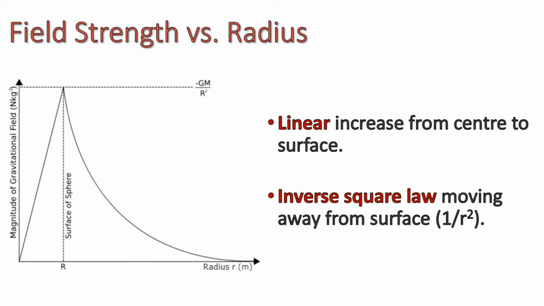Between the centre of the Earth and its radius, we get a straight line relationship. It increases linearly inside the Earth. At the radius, the gravitational field strength is a maximum because we are really close to all of that mass, and for Earth its maximum is 9.81. You can work it out for any other planet, just put the numbers in. But 9.81 on the Earth's surface is the peak of this graph.